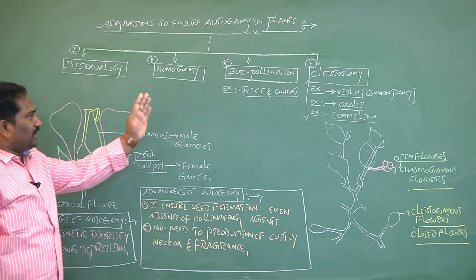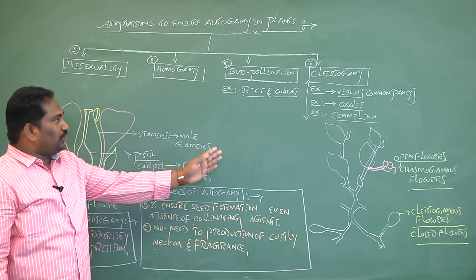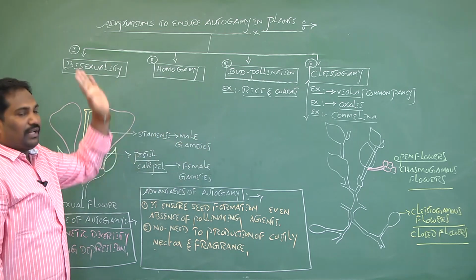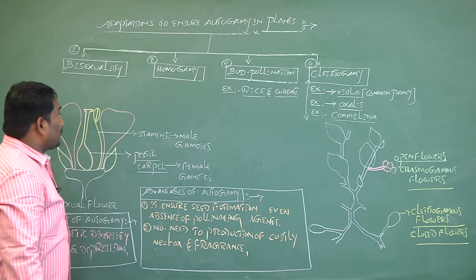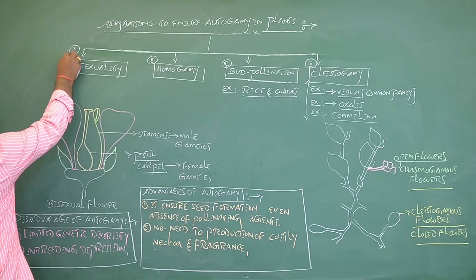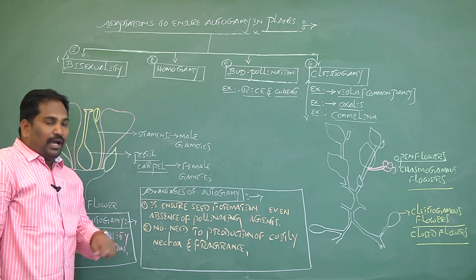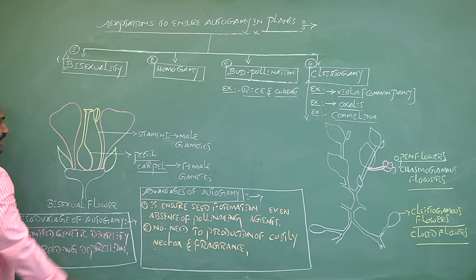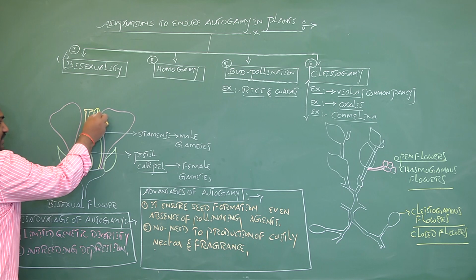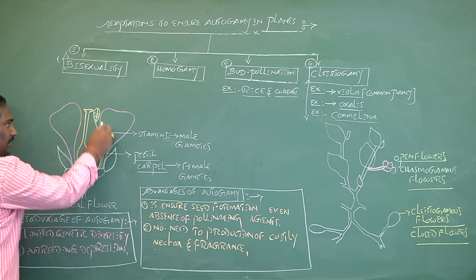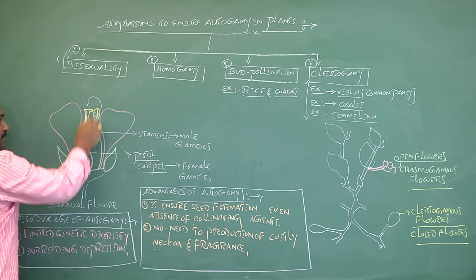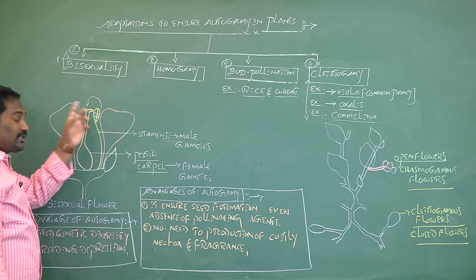These are the 4 types of adaptations to ensure autogamy in flowering plants. Let's discuss the first adaptation. Already you know very well, autogamy or self-pollination means transfer of pollen grains from anther to surface of stigma within the same flower.